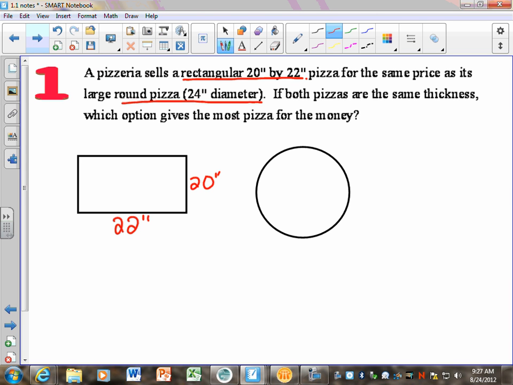And if I wanted to find how much pizza was there, what am I going to find? The area, right? We don't think about pizza in area very much, but we want to know how much pizza is there. So how would I find the area of this rectangle? Length times width. So that would just be 20 inches times 22 inches.